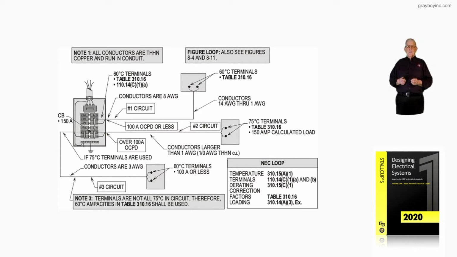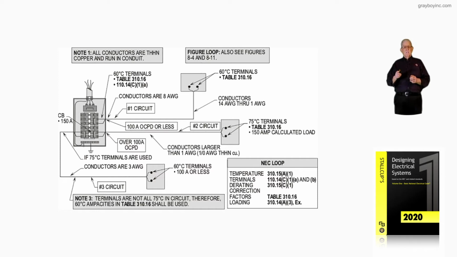Now the NEC loop: the temperature we're looking for is 310.15(A)(1), where we don't overheat the copper conductors or aluminum conductors, copper-clad, to cause insulation failure. Terminations now is 110.14(C)(1)(a) and (b). A, the equipment and the devices and terminals are 100 amps or less.